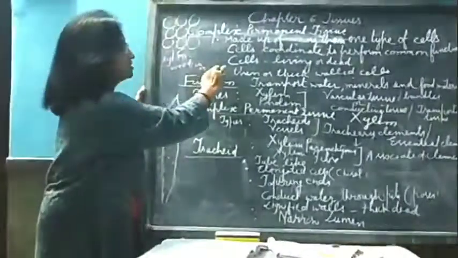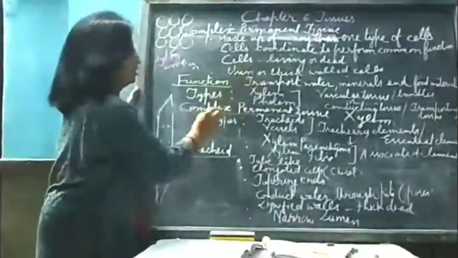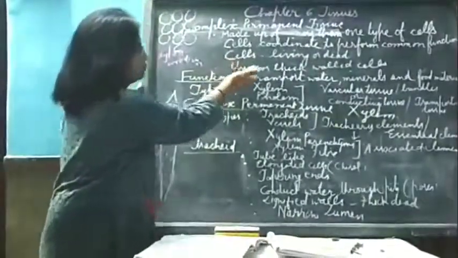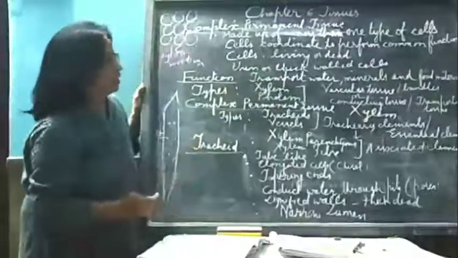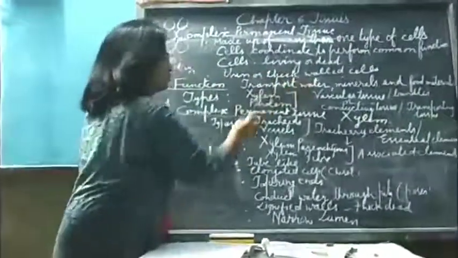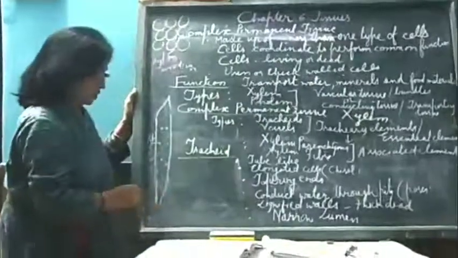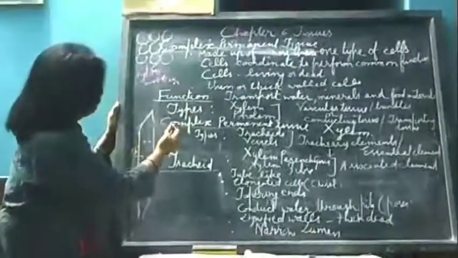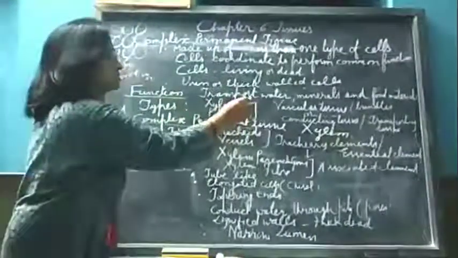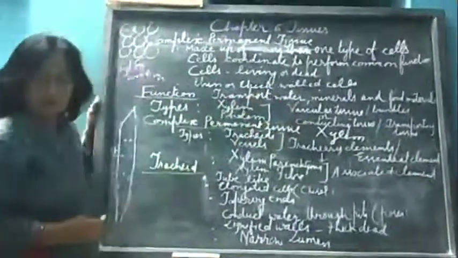Next, in complex permanent tissue the cells may be living or may be dead, and they may be thin or thick walled cells. The general function of complex permanent tissue is to transport water, minerals and food materials.